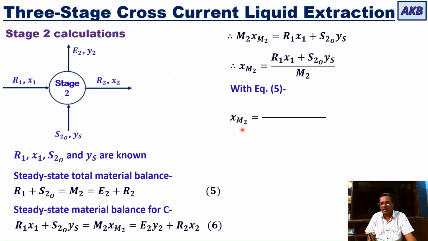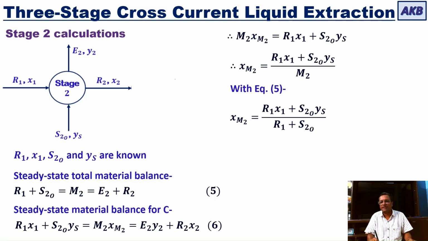So ultimately I get XM2 as R1 into X1 plus S20 into Ys divided by R1 plus S20. In this equation, on the right hand side, the value of each term is known to us, so you can use those values to get the value of XM2. Okay, so we have written the steady state total material balance for stage number 2, and the steady state material balance for solute C in stage number 2.